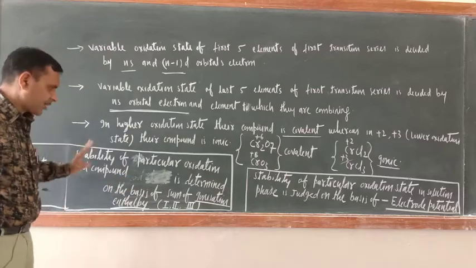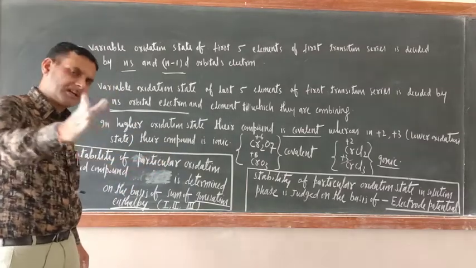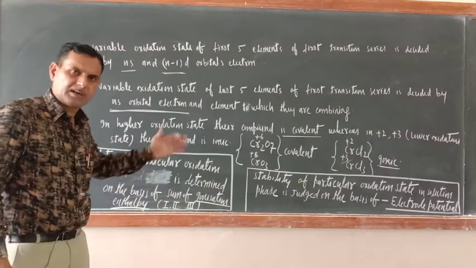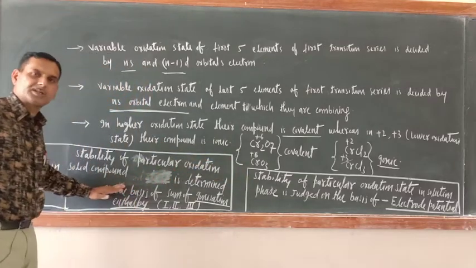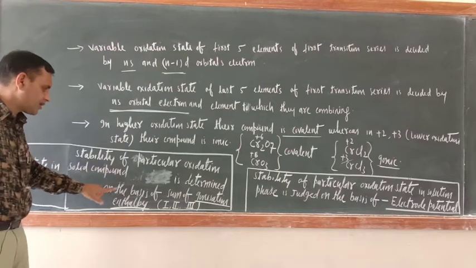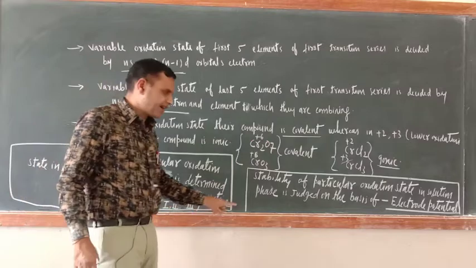Here just see, in some places electronic configuration would be valid, already I told you that. In some places ionization enthalpy, but that point is very important. So this is in case of solid state. The stability of a particular oxidation state in a solid compound is determined on the basis of the sum of ionization enthalpy, first, second and third.